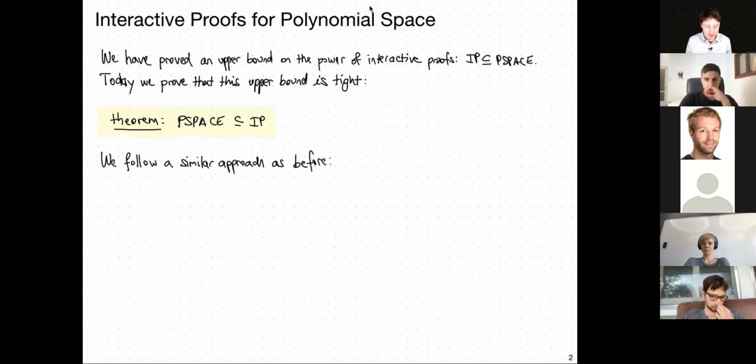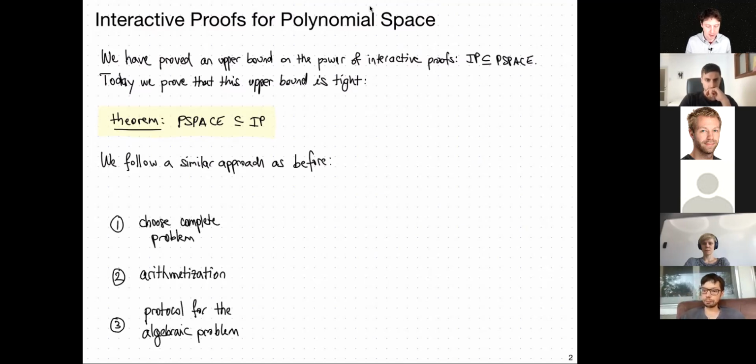The approach is going to be very much inspired by the approach that we took in the last lecture. Specifically, you can think of it as a three-step recipe. First, we picked a problem that was complete for the class. For example, for coNP it was UNSAT, or for P to the sharp P it was essentially sharp SAT.